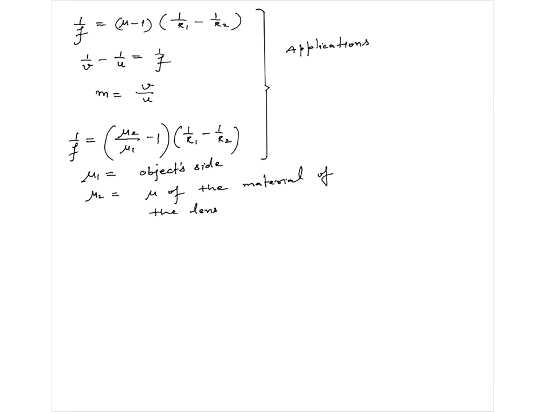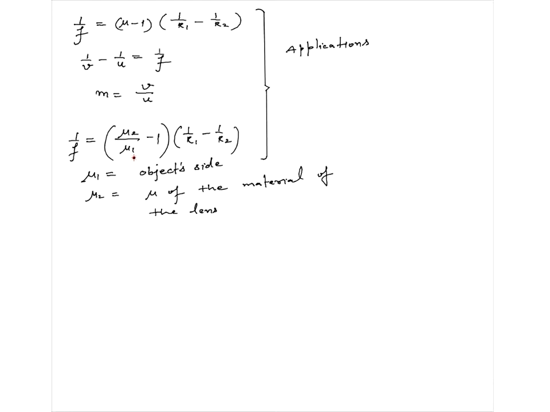When we did that derivation, mu1 was not only on the object side, but it was also on the other side.